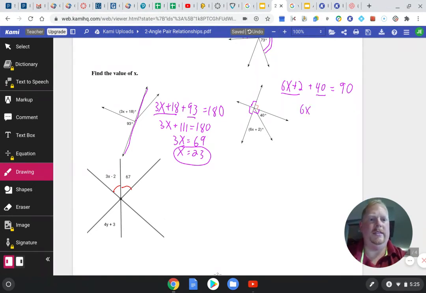So 6x plus 42, subtract the 42 from both sides, divide by 6, and you get x equals 8. Again, once you get the equation set up, and the more you do it, the better you'll get at it, then the quicker it'll come.